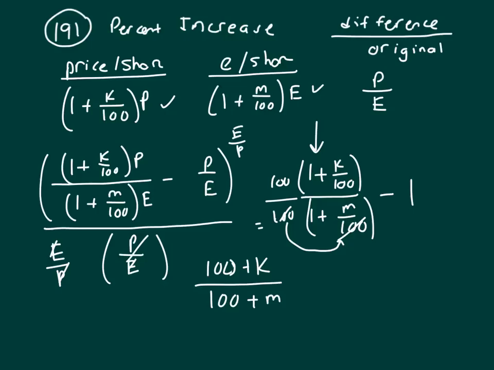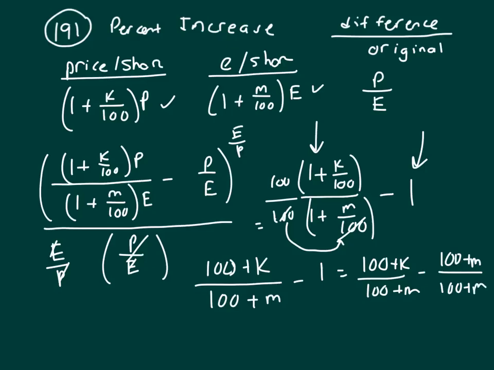Now we do not do anything to the minus 1. What we need to do now is just get a common denominator, and our common denominator will be 100 plus M. So the first fraction is 100 plus K over 100 plus M, minus 100 plus M over 100 plus M. Now, that minus sign goes with both of these terms.